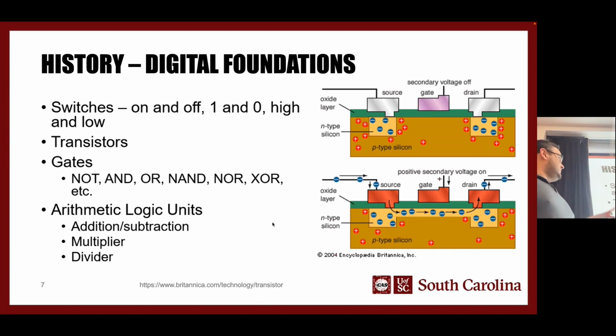And then everything goes from transistors to gates, and then gates get turned into ALUs, or arithmetic logic units, that can do all your math and everything. And these are all the foundations of what you're used to in your computer. Everything that you do boils down to these three things in hardware. It goes down to the ALU, goes down to the gates, goes down to the transistor level.